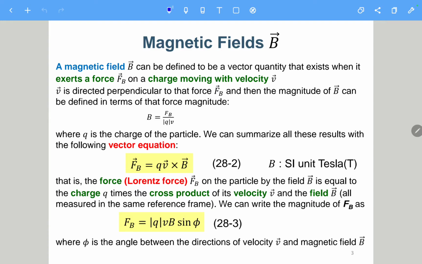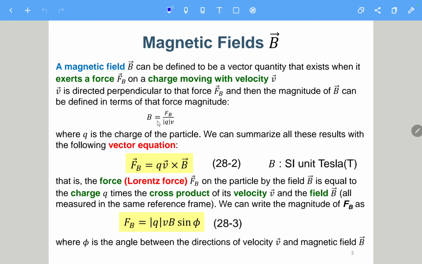And also, if there is a changing E field, it will also generate a B field, which will be covered slightly later in chapter 32. But anyway, in this chapter, we just pretend there is some mechanism to generate the B field. Then we try to consider the interaction between the B field and the moving charge.